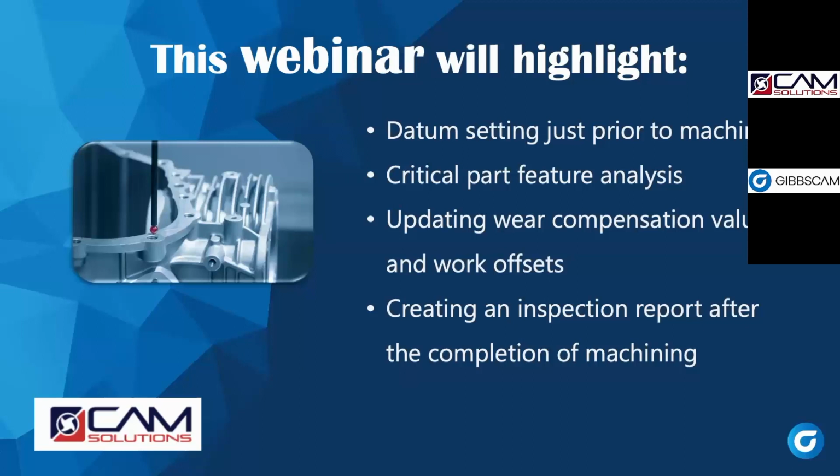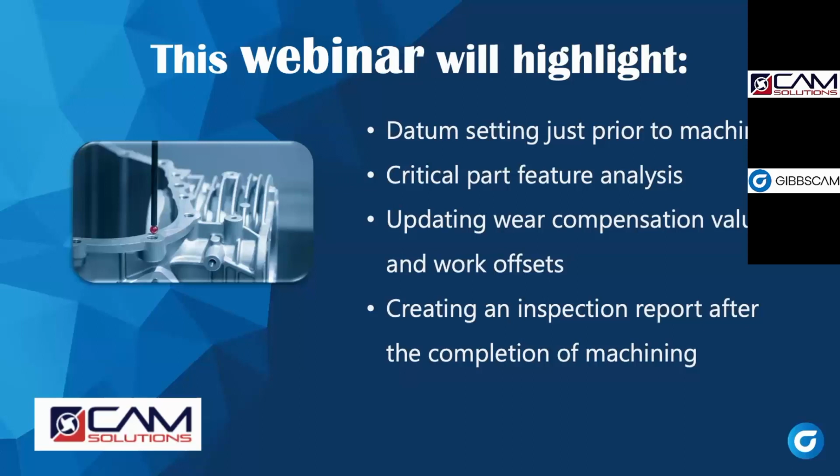And the focus is, why do we probe? We probe to achieve more input with your GibbsCAM, CNC machines, and Renishaw probes. What you need to incorporate GibbsCAM probing is, first, you have to have a probe in your CNC machine, and we're talking about the part probe.